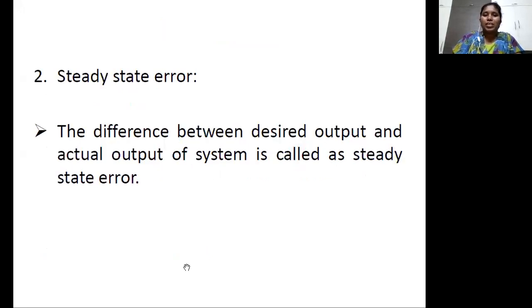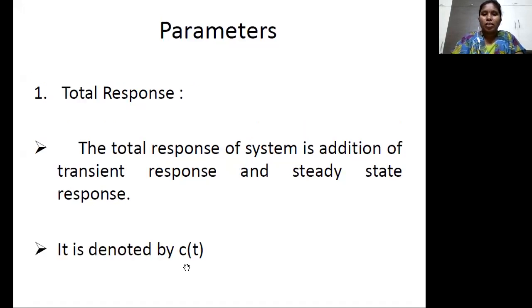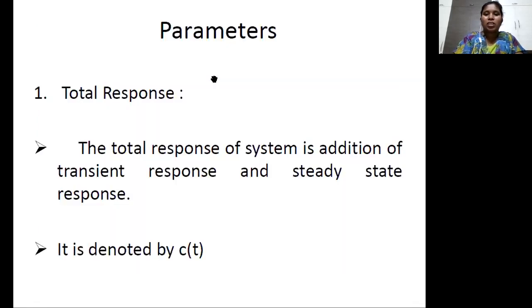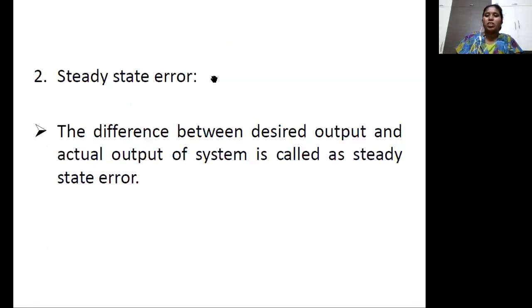Coming to the steady state error, ESS means the steady state error. What it indicates is the difference between the actual signal and the output which is achieved. That difference gives the steady state error. So how can we define the steady state error?